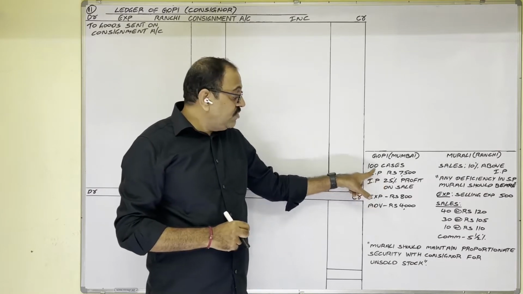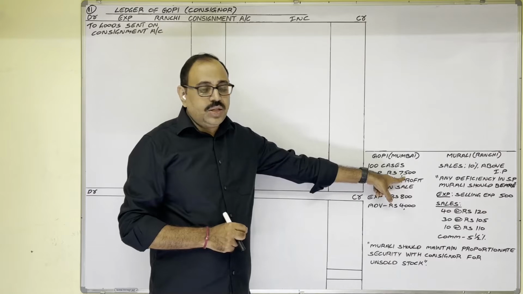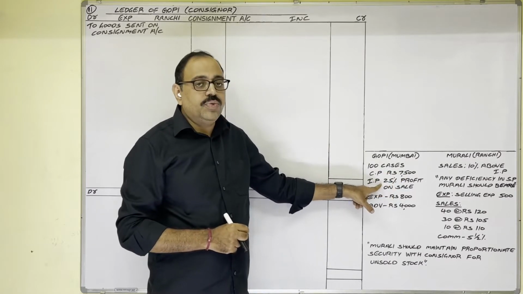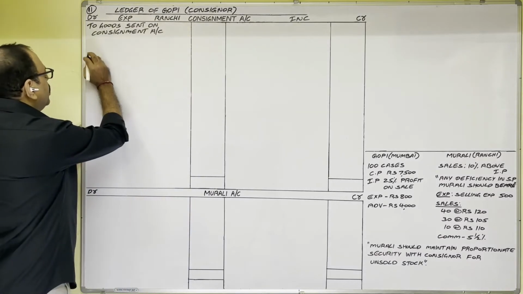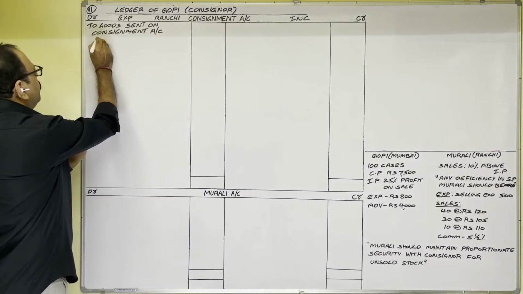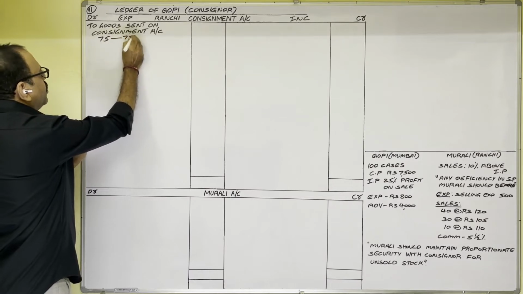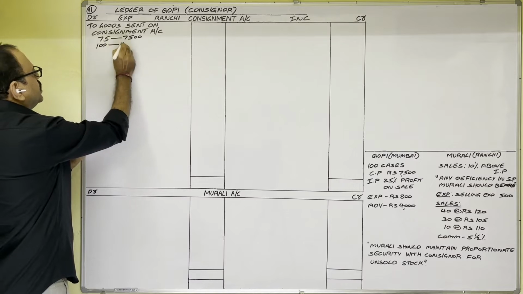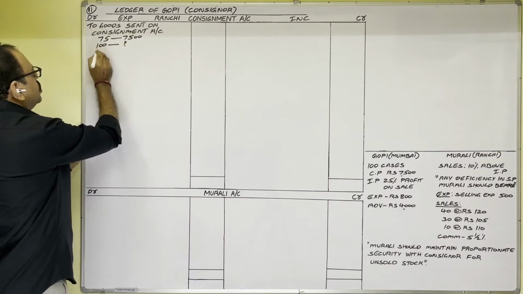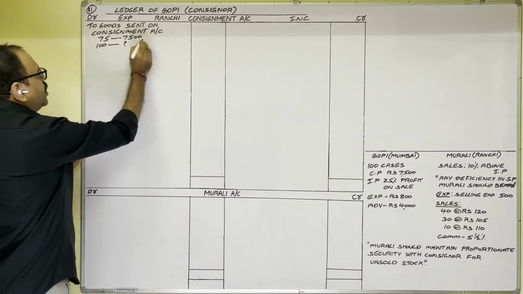So 75% value we know, 7,500. Based on that, 100% value, the invoice price, we can calculate. In the inner column I am showing the calculation. If 75% is 7,500, what is 100% invoice price? So 7,500 divided by 75 into 100 we should do.